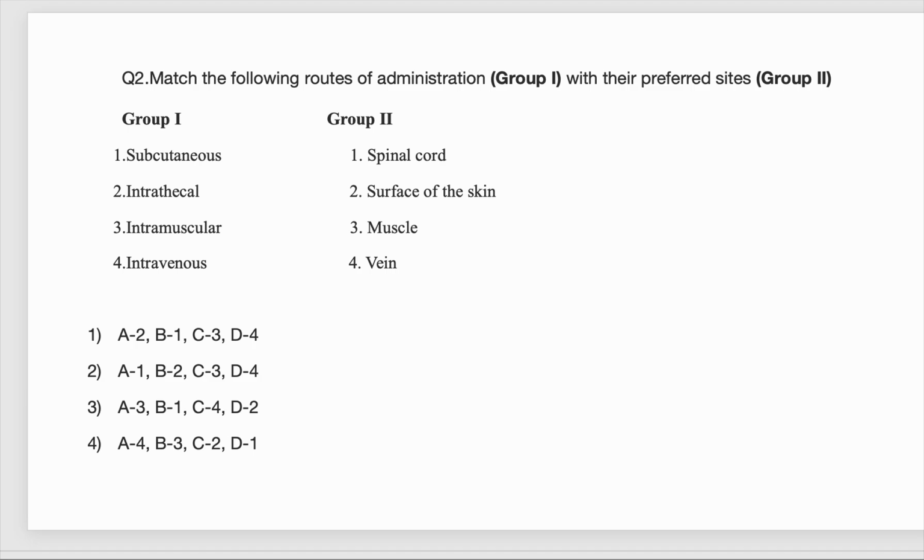So let's first discuss what these routes of administration are. We have discussed this in my previous class as well, but we'll discuss this thoroughly here.